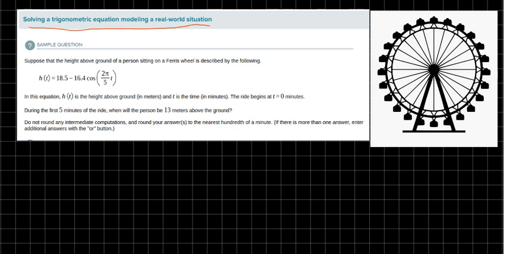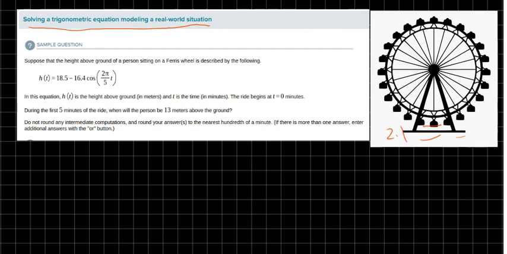So because t is 0 and cosine of 0 is 1, I know that my beginning height is going to be 18.5 minus 16.4. We're on a Ferris wheel here, so it's going to be 2.1 meters.